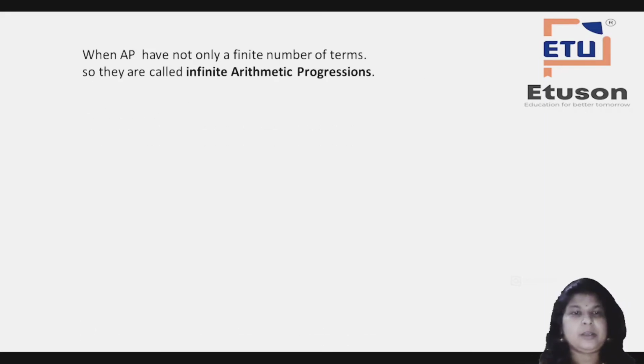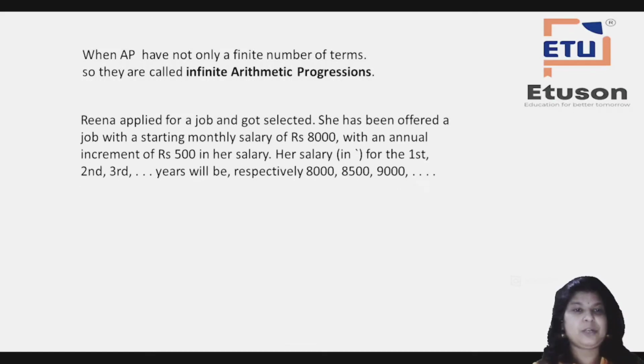Now, if the arithmetic progression doesn't have a finite number of terms, then it is called an infinite arithmetic progression. For example, if you remember, we took an example earlier where Rina applied for a job and initially she was getting 8,000 rupees, and she was assured of an annual increment.